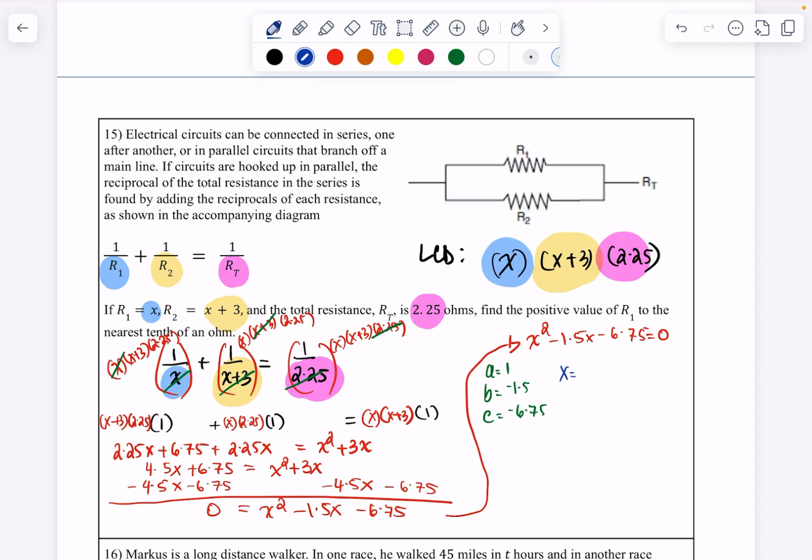Oh, gotta give you the formula first. x is equal to negative b plus or minus the square root of b squared minus 4ac, divided by 2a. So we end up having negative times negative 1.5 plus or minus negative 1.5 squared minus 4 times 1 times negative 6.75.